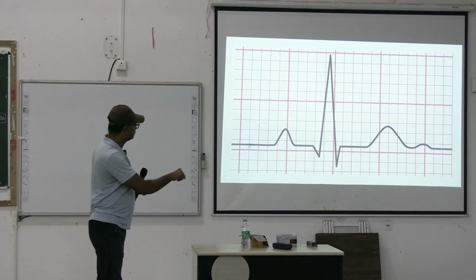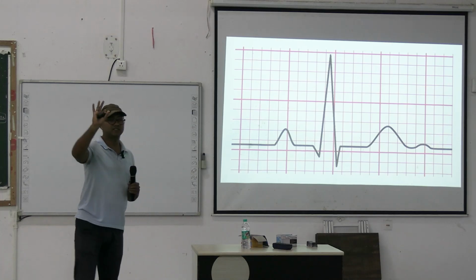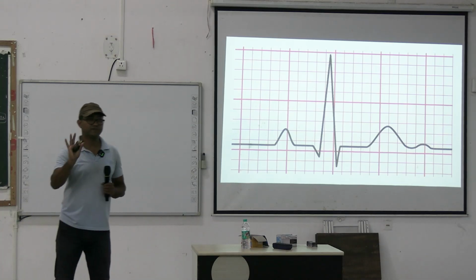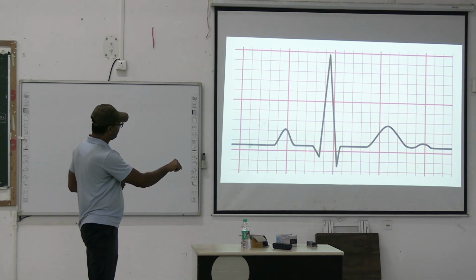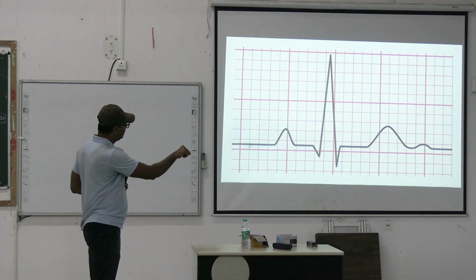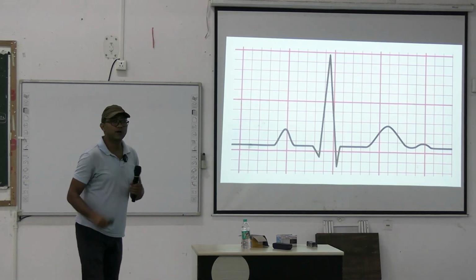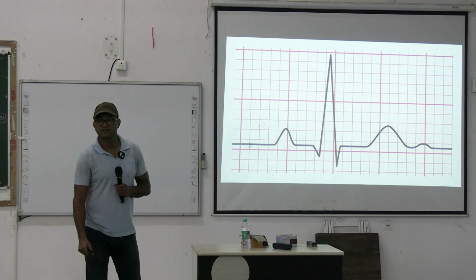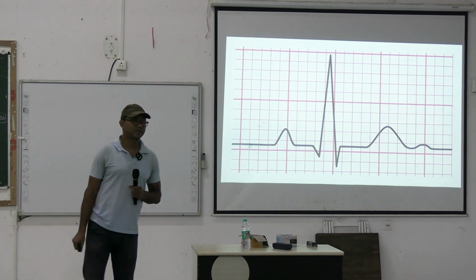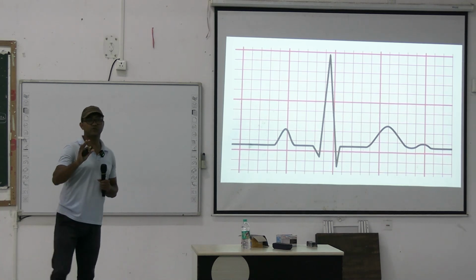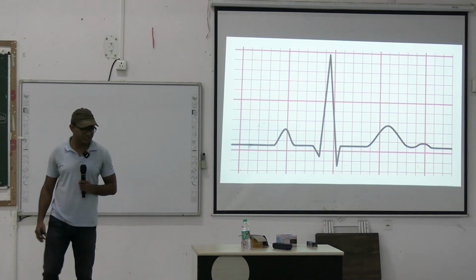Here how much is it? 2.5, minus 2.5. Okay, anyway, consider it minus 3, right? Assume it is minus 3. So, this is minus 1, this is minus 3 and this is plus 10. So, what is net QRS voltage? Plus 6.